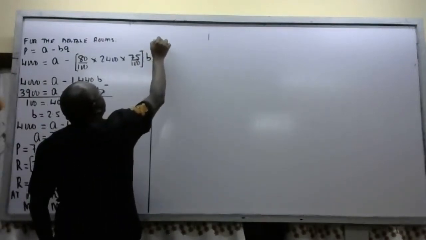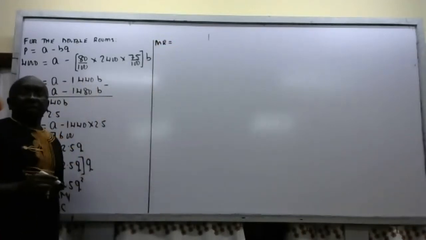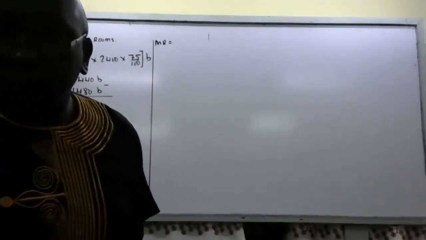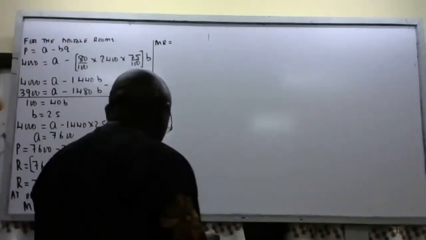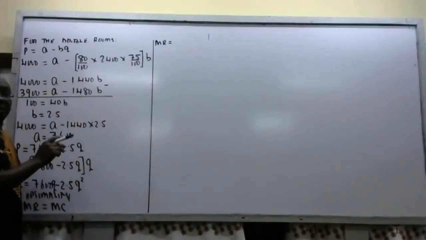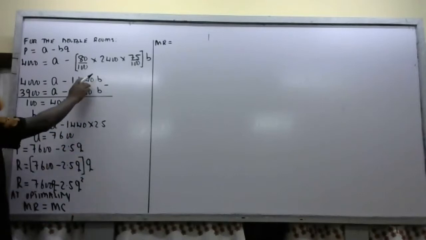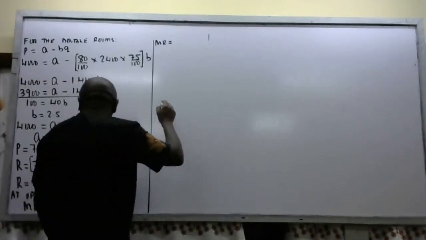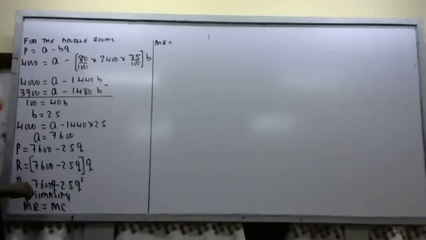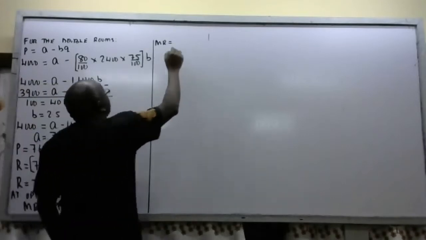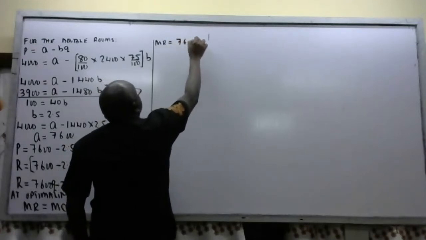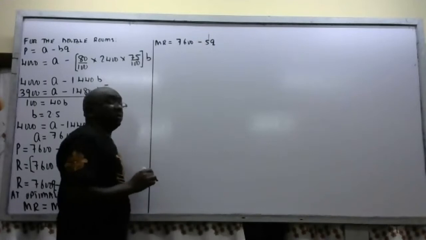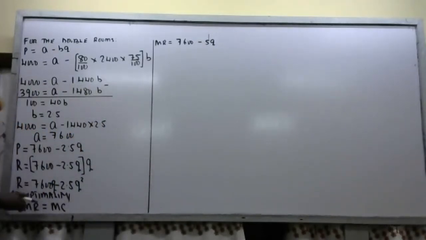So marginal revenue is what you get when you differentiate this. So when you differentiate this, you will end up with 7,600 minus 5Q. When you differentiate this function, that is what you get.